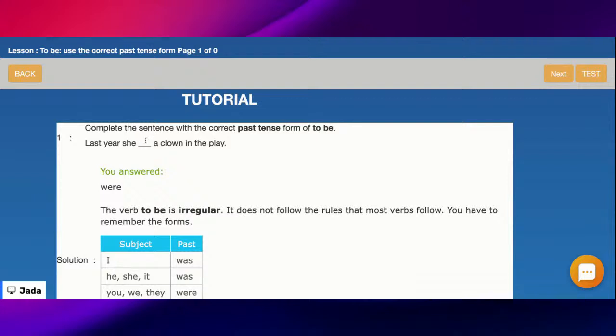Last year she dash a clown in the play. Now she is what? "She" is to be used with was. So she was a clown in the play.